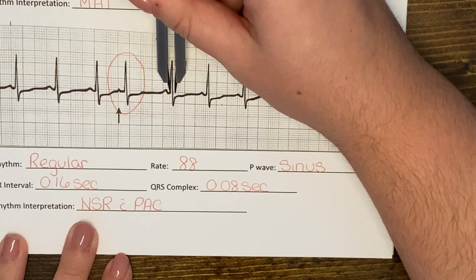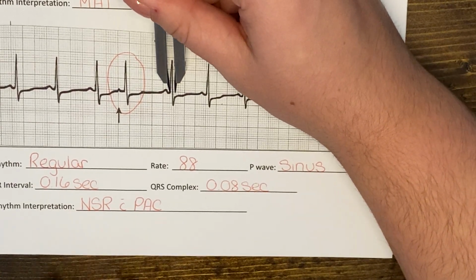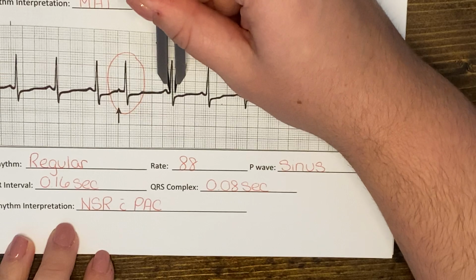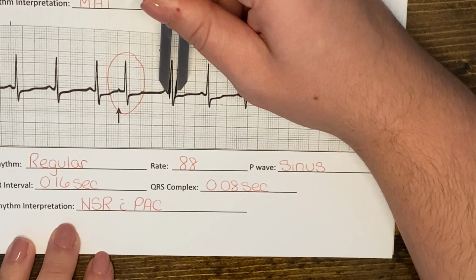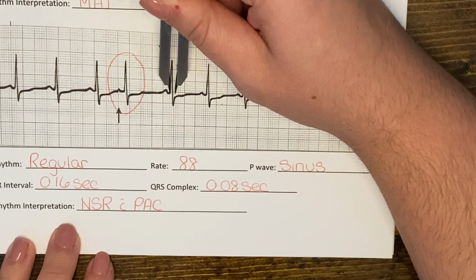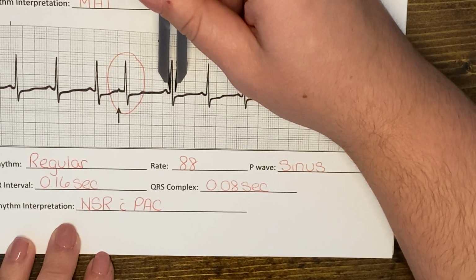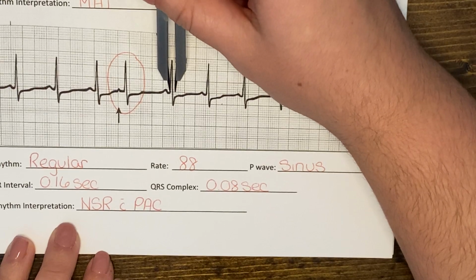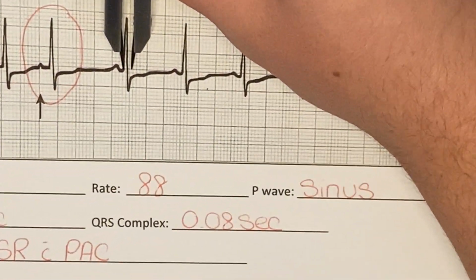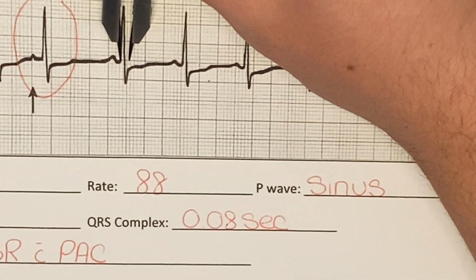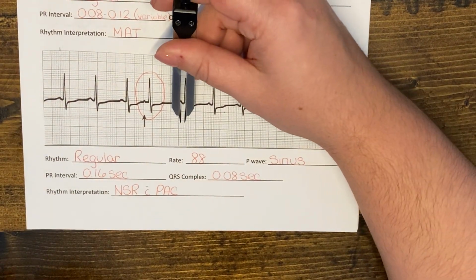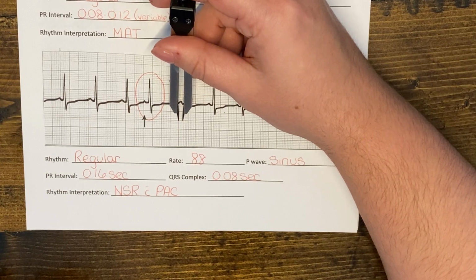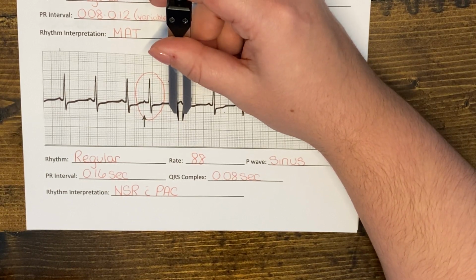Now, the reason that I'm picking this point is because our QRS complex doesn't completely reach that isoelectric line. So I'm just going to imagine an invisible line coming up to that point and measuring it. And so I get 2 small boxes, which gives us a QRS complex of 0.08 seconds.